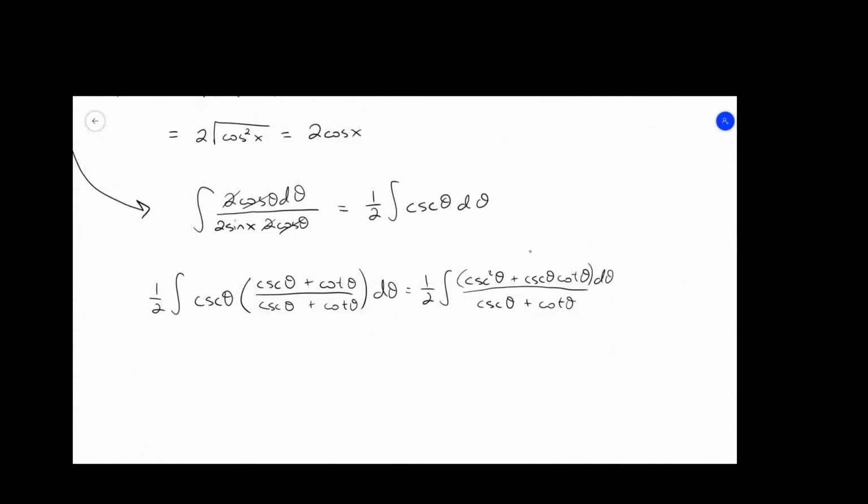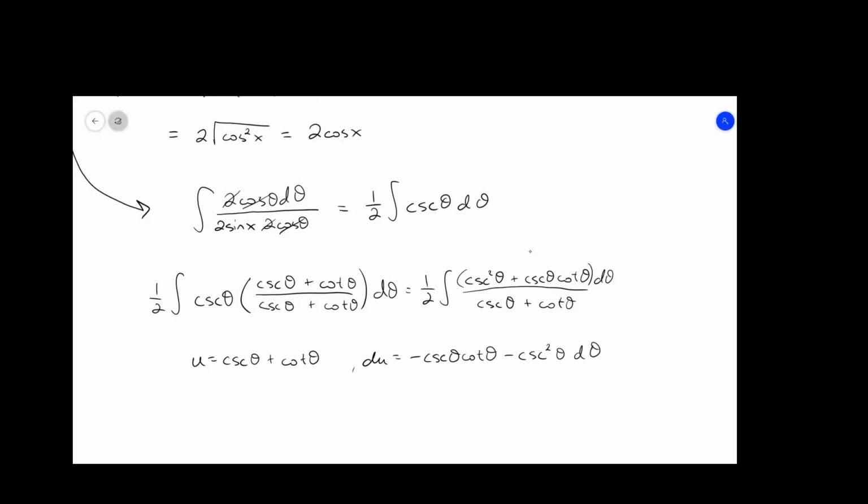You can say that u is equal to cosecant plus cotangent, and then du. Gotta remember what these derivatives are. That's kind of why I'm doing this. The derivative of cosecant is negative cosecant cotangent. The derivative of cotangent is negative cosecant squared.